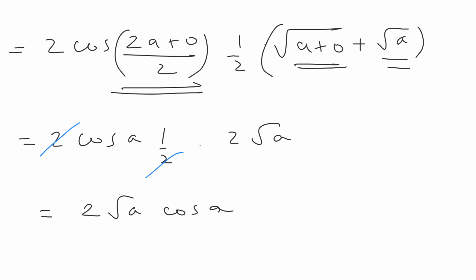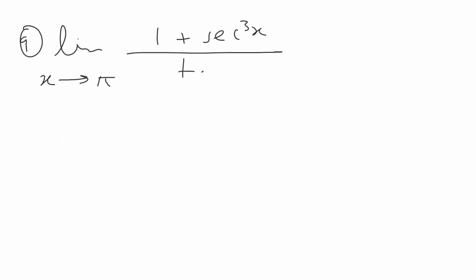Some for you all. Question number 9. As I can see, 1 plus sec cube x upon tan square x is given. You can apply changing limits if you want, but then I'll apply a cube plus b cube in the numerator, and down it is tan square x. So tan square x, apply fundamental identity and then expand it.